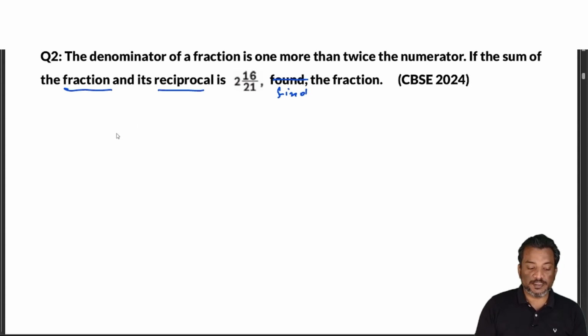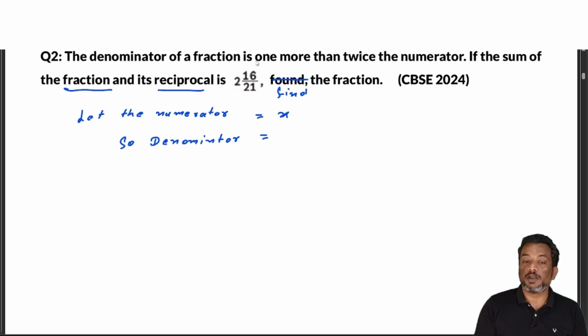So here first we will say, hey, you can see the denominator is depending upon whom? You can say denominator is depending upon numerator. So we will say, let the numerator of the fraction be x. Now, denominator is depending upon numerator. So denominator is equal to, it is saying denominator of fraction is 1 more than twice.